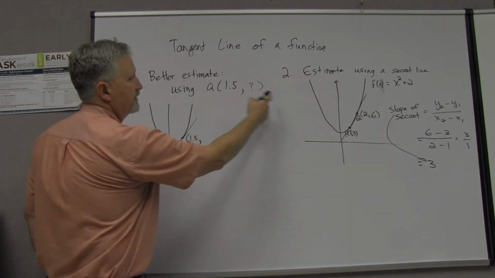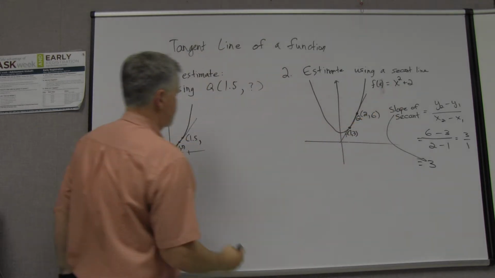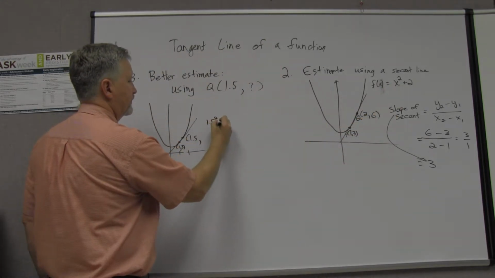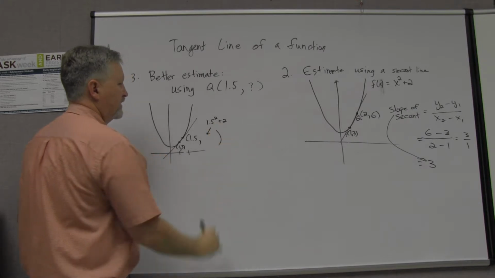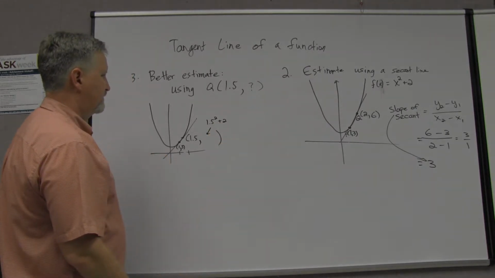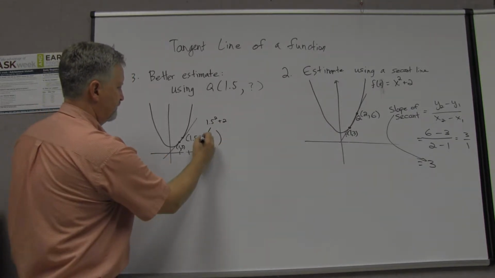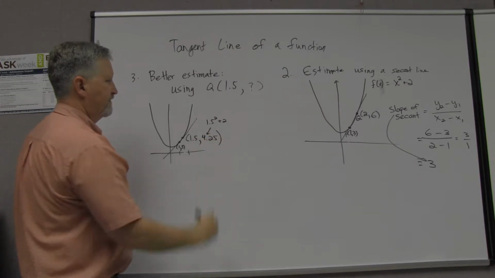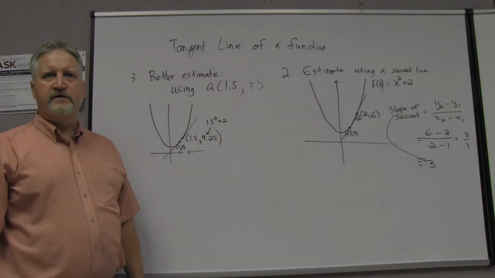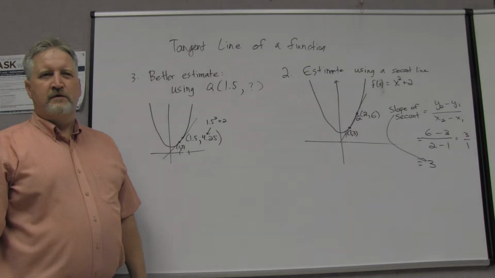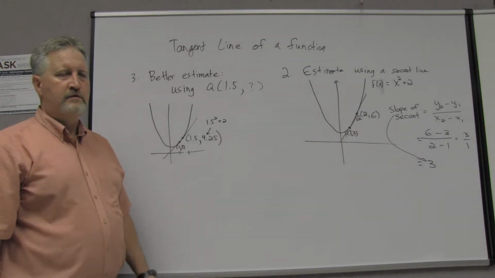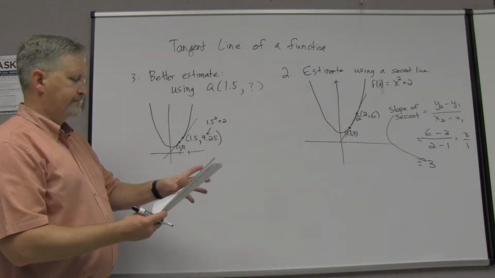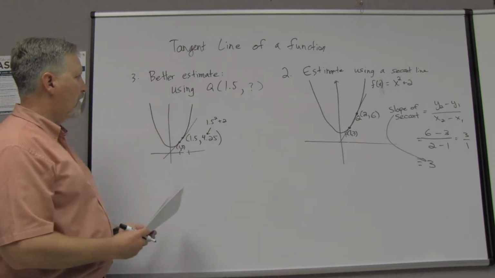Well, it'd be 1.5 squared plus 2 would be my y value there. 4.25, is that what it would be? Checking on that. 1.5 squared plus 2 is 4.25, I believe. Okay. Yeah, 4.25. All right.